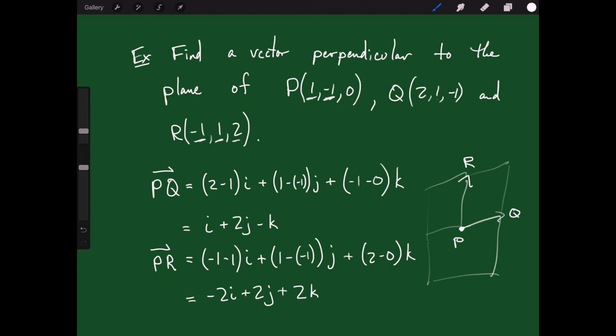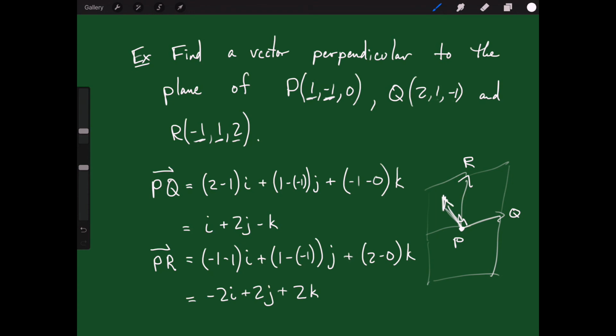And I want a vector that comes out of that at a 90-degree angle to both PQ and PR. If I did that, then that's going to be a vector that is perpendicular to that entire plane.